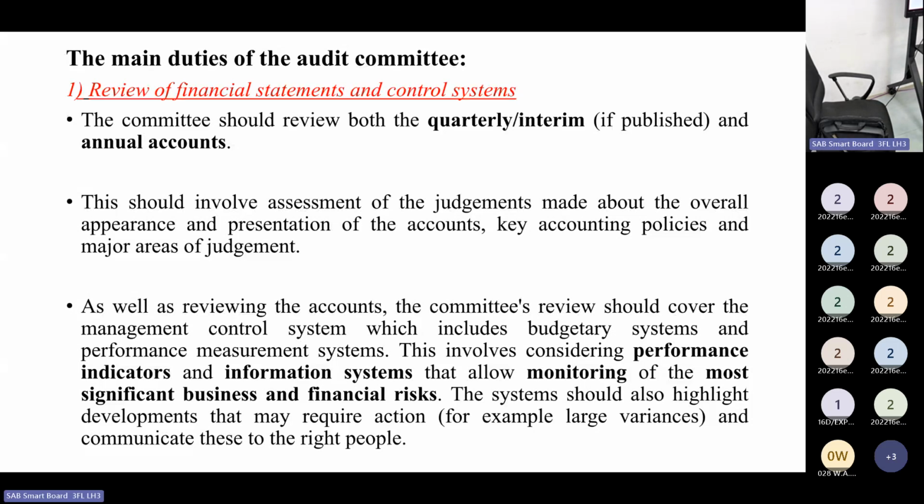I need to know the pricing, right? I need to know how my competitors are behaving. I need to forecast what the demand for my products should be. So I use pricing, forecasting techniques and information.